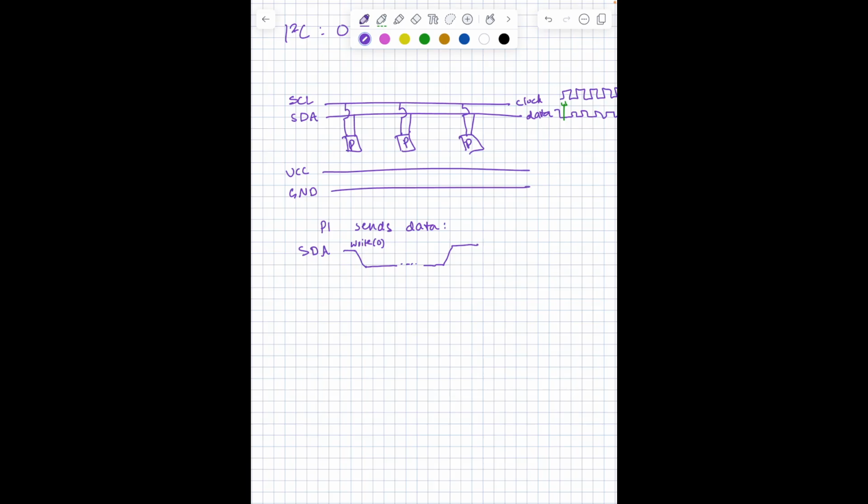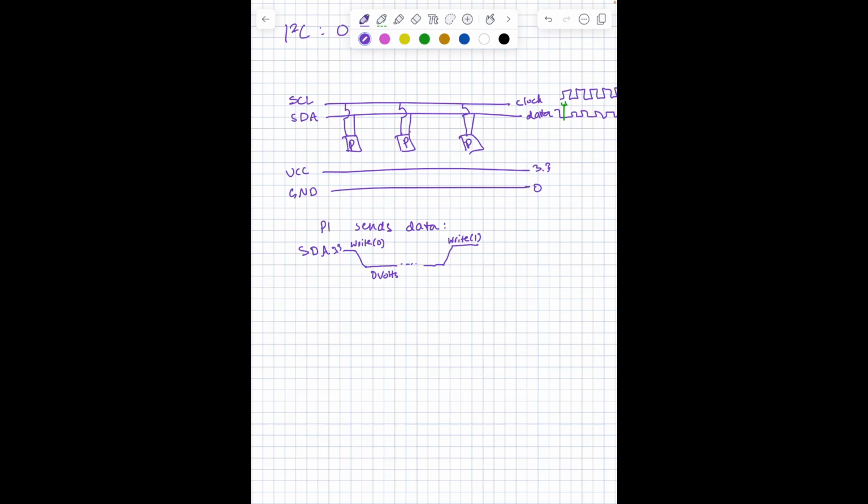So you set the actual pin to be 0, and by 0 I mean 0 volts. And here it is 3.3 volts. So you literally set it to be equal to ground. This is 0, this is 3.3. Meanwhile, on the last side, when you want to end your transfer, you write 1.